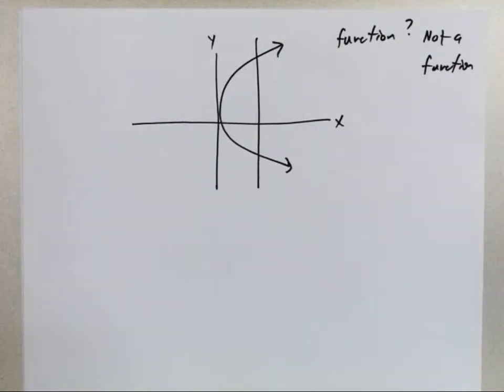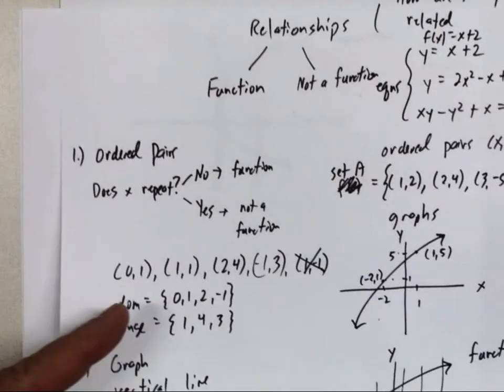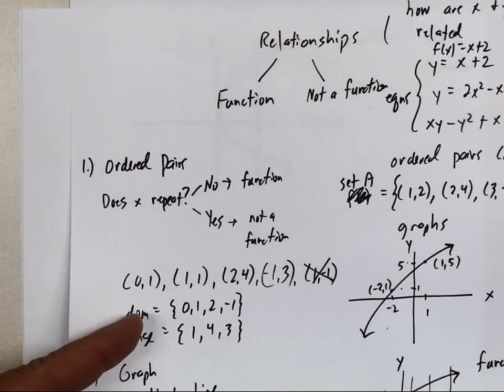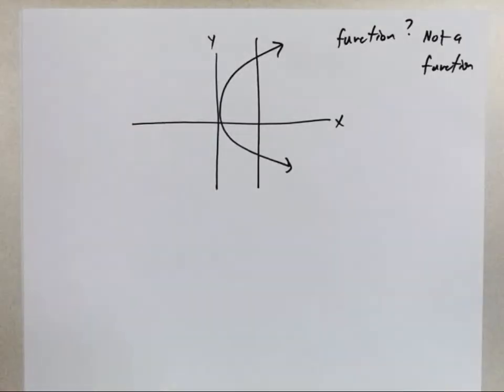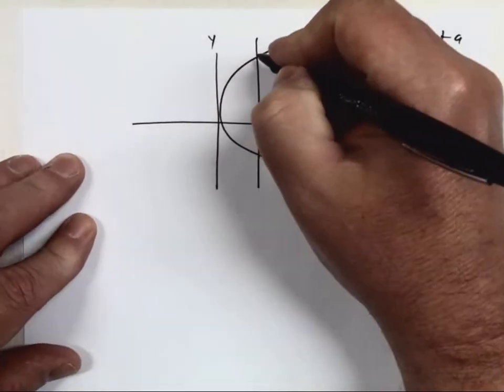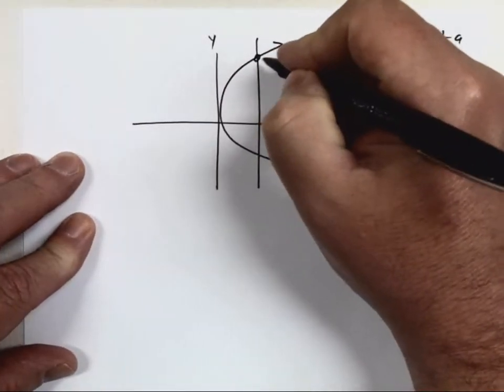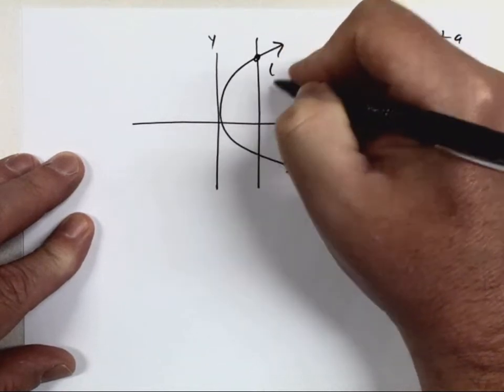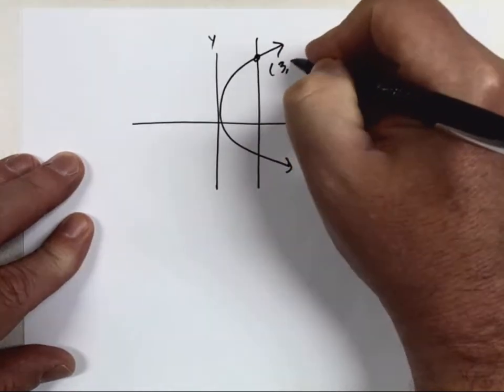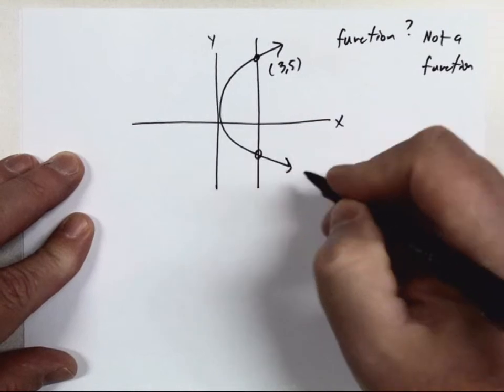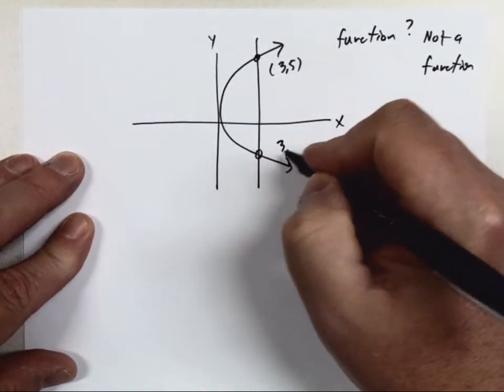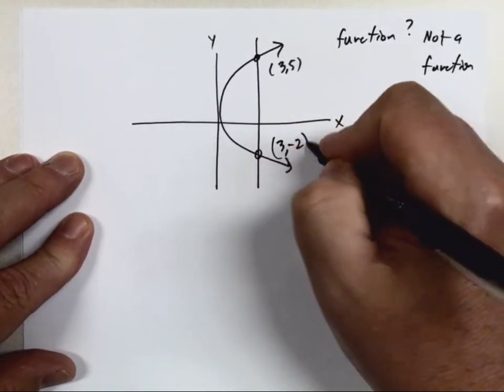And actually, you know what? If you think about it, we talked about ordered pairs. We said x cannot repeat. What's going on here? Think about this point. Maybe that point is like x is 3, y is 5, and this point here, x is 3, and y is -2.